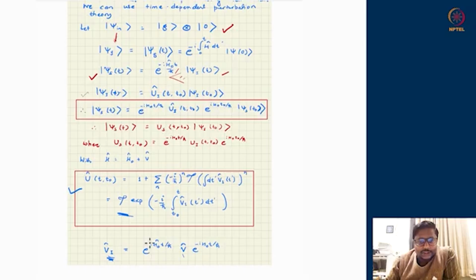So this constitutes for us the whole time evolution in the interaction picture. Once I know in the interaction picture where the state has landed, I can obtain through this action where the state is in the Schrodinger picture.